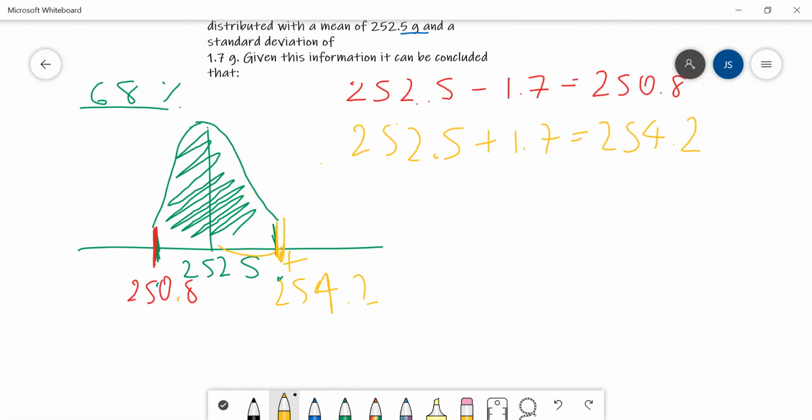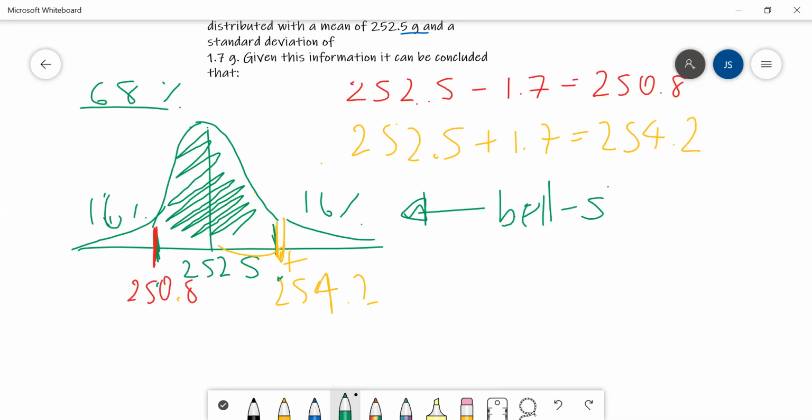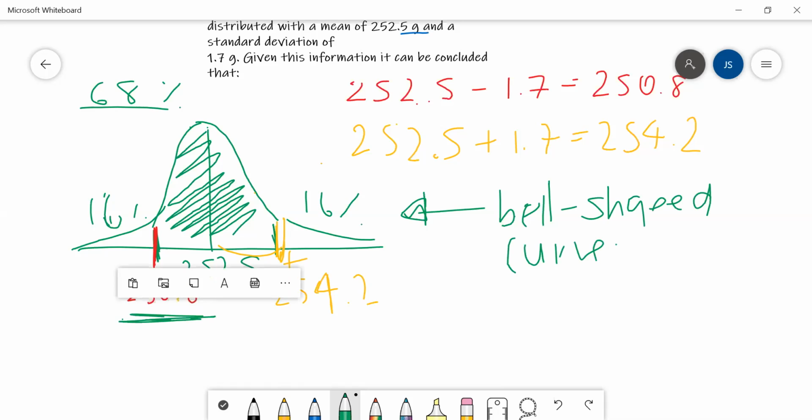Now the remainder of the results, which is the 16% here, and the 16% here to make my beautiful bell-shaped curve, says that anything less than 250.8 is about 16% of all of those biscuits that were in the data, and everything over 254.2 is the remainder of the 16%.